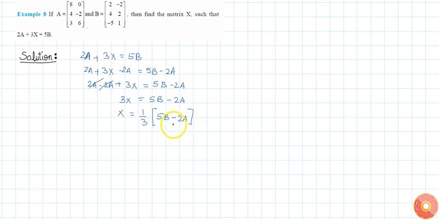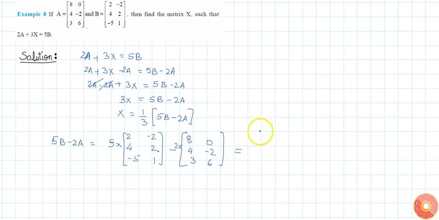So we have to find X. The expression 5B minus 2A is equal to 5 into the B matrix, which is 2, minus 2, 4, 2, minus 5, 1, minus 2 times of 8, 0, 4, minus 2, 3, 6.